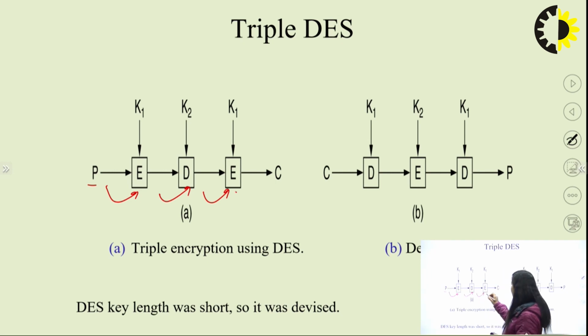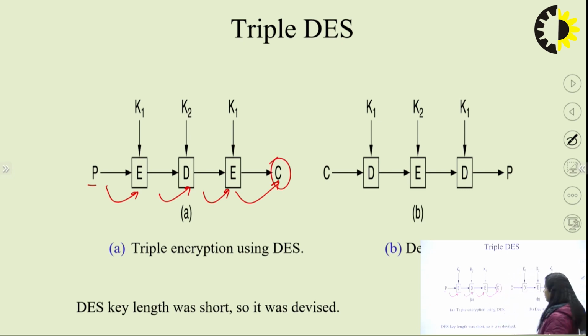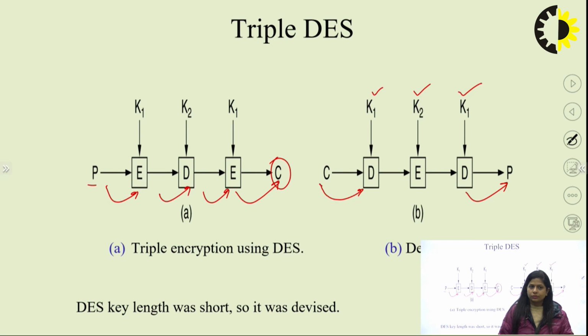Once it is encrypted, we get the ciphertext C, right? This ciphertext will be decrypted with K1, then encrypted with K2 and again decrypted with K1, and then after decryption we get the plain text.